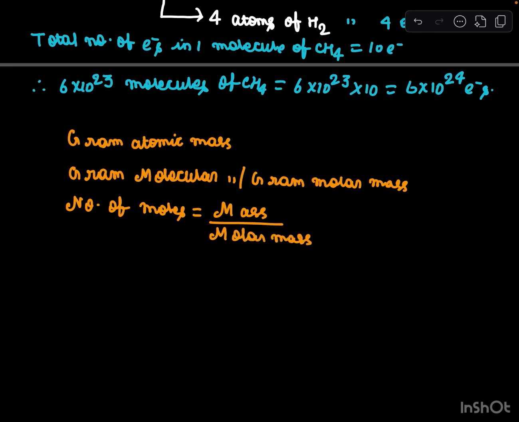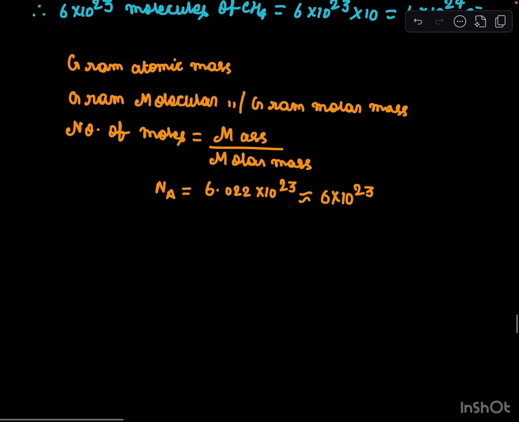Then you learnt about Avogadro's number, which was simply the number of atoms, molecules, or ions in 1 mole of any substance. Its value was 6.022 into 10 to the power 23, approximately 6 into 10 to the power 23.